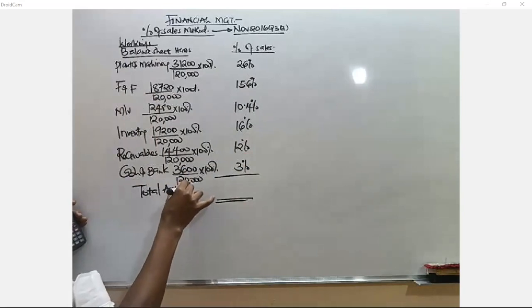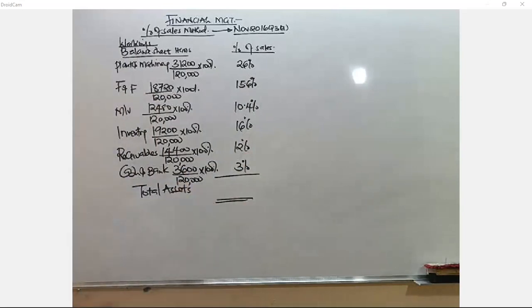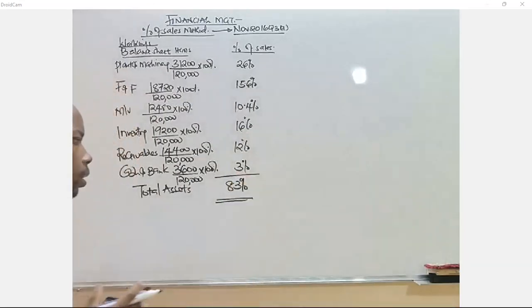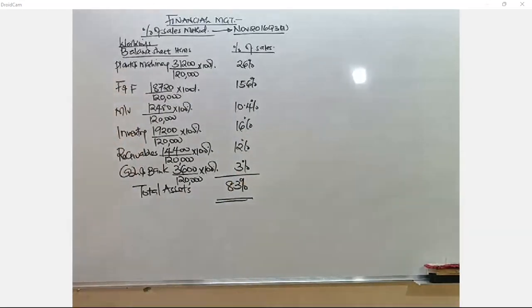Total assets should be 26 plus 15.6 plus 10.4 plus 16 plus 12 plus 3. This translates to 83%.